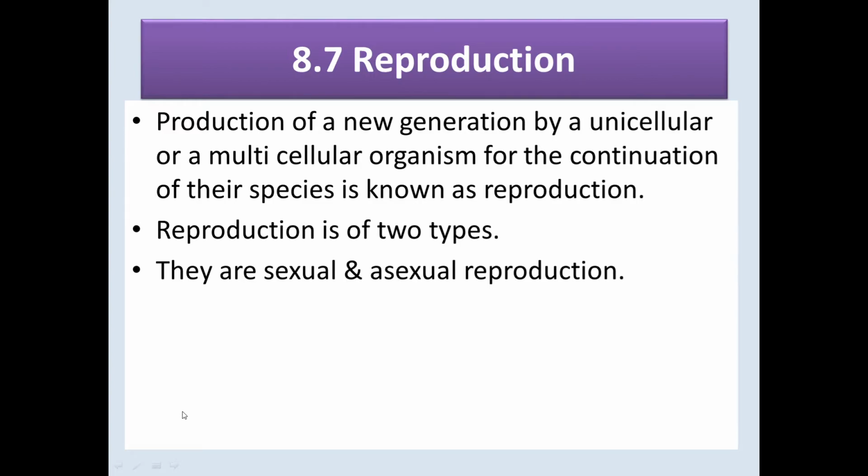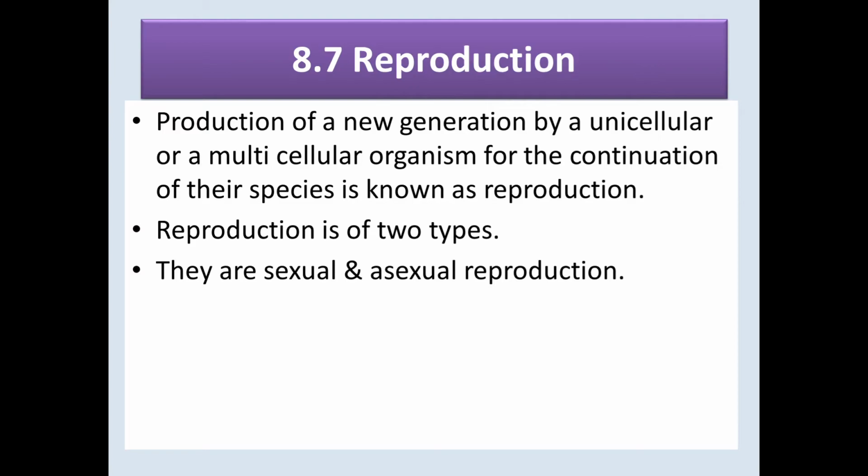The next important characteristic common to living organisms is reproduction. What is reproduction? Matured organisms produce a new generation of the same species, known as reproduction. In other words, production of a new generation by unicellular or multicellular organisms for the continuation of their species is known as reproduction.